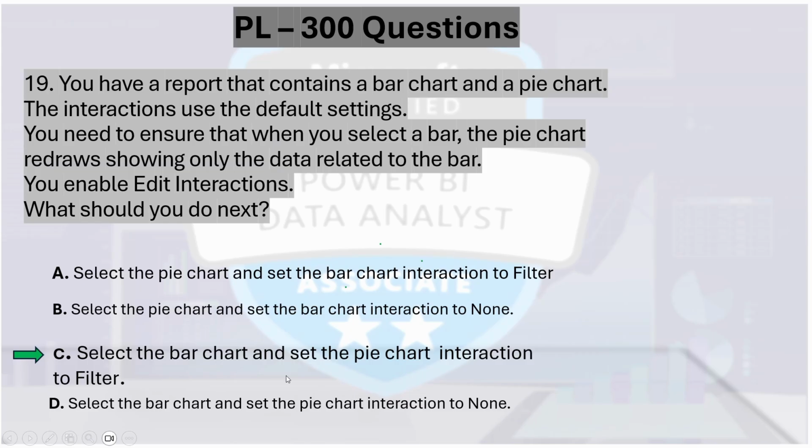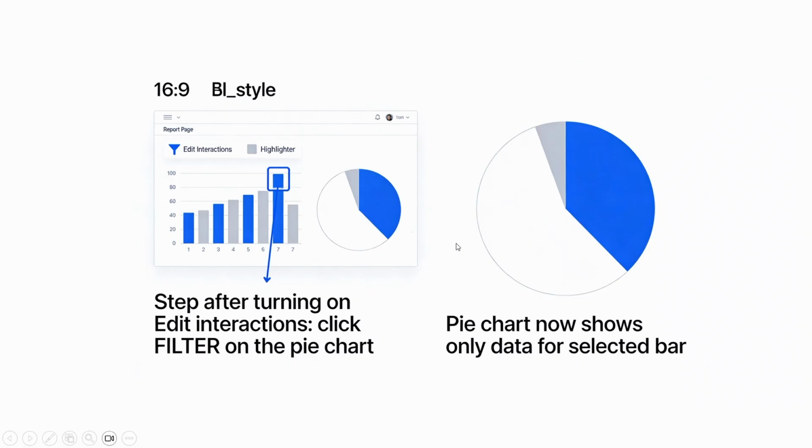This filter is important. You can see here, whenever you are selecting like this one, all other parts go dull and it is only showing this part, highlighting this part. The pie chart shows only the data for the selected bar. If you select here, it is only selecting this much, other parts go dull.